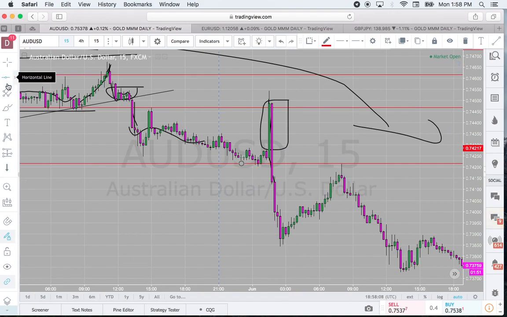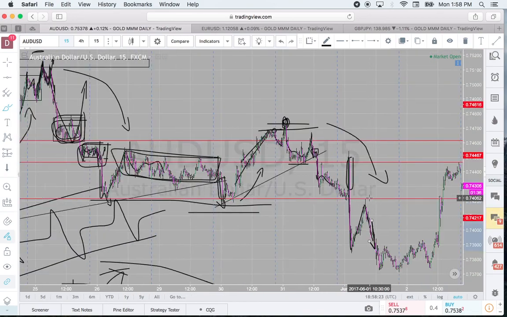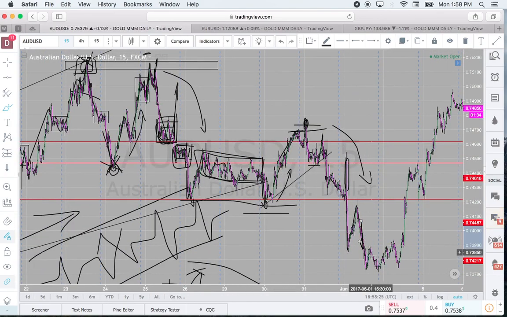What happens? That trap is used to trap liquidity and then shift the zone under that low, and then now completely shift the entire trend.